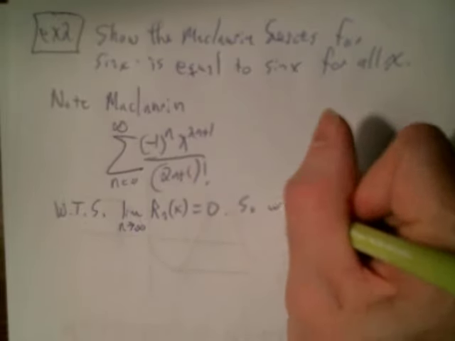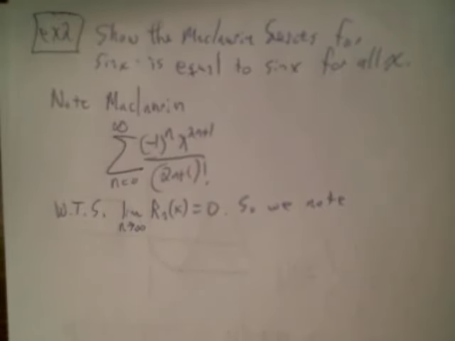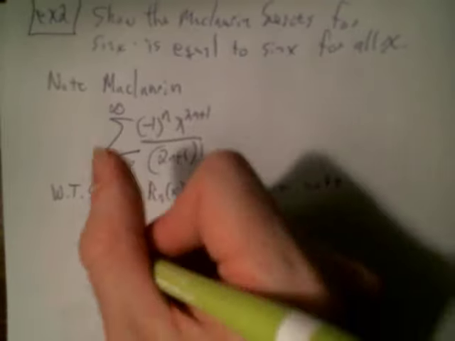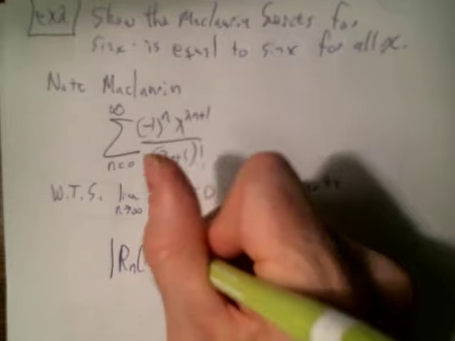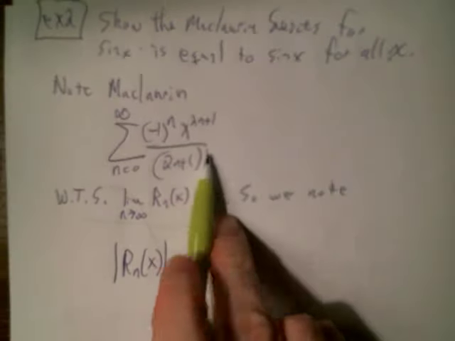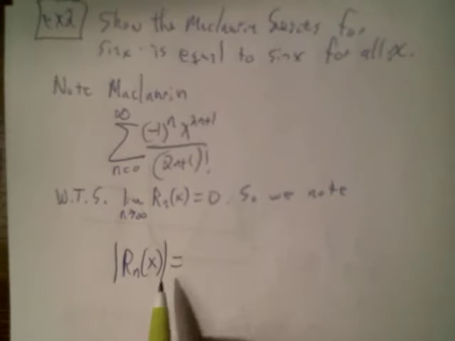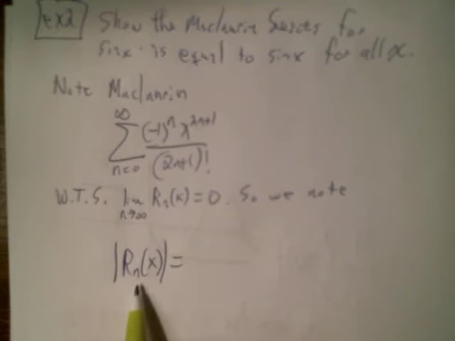So we note from, I think it was 9.7, the absolute value of R_n(x) is equal to basically the next term in the Maclaurin polynomial of degree n.